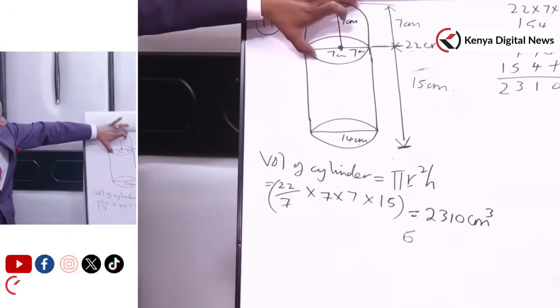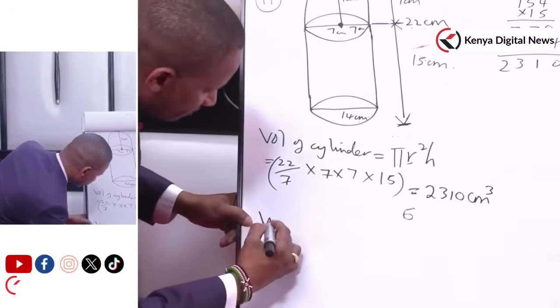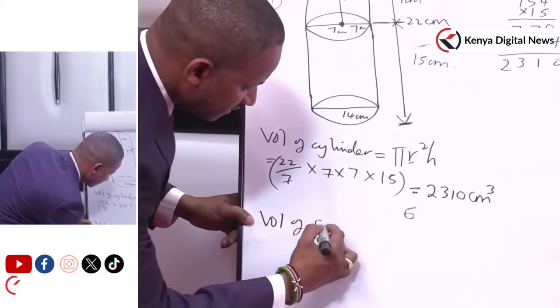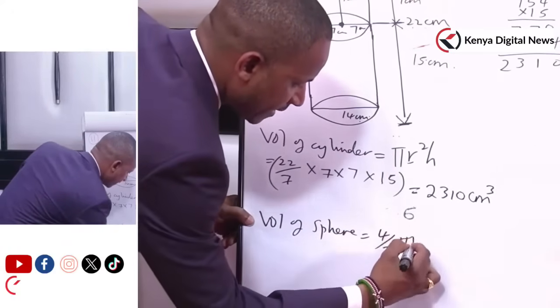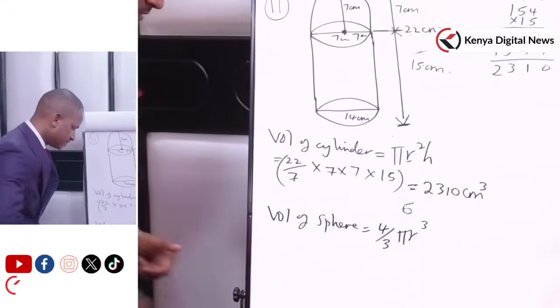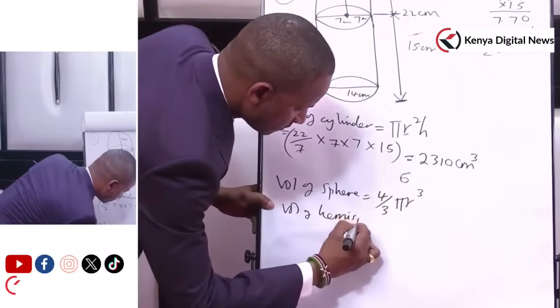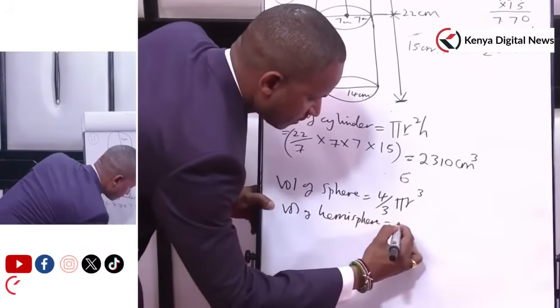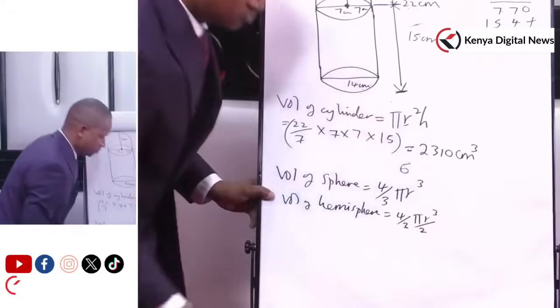Then now we have the volume of a hemisphere. But the volume of a sphere is given by 4 over 3 pi r cubed. But we are dealing with a hemisphere. So, therefore, volume of hemisphere is half of 4 over 3 pi r cubed, divided by 2.